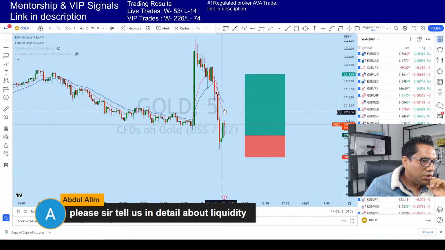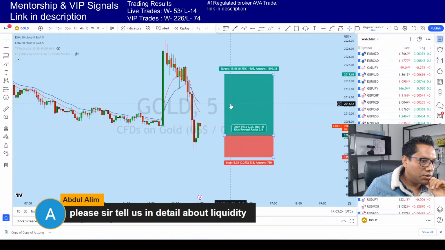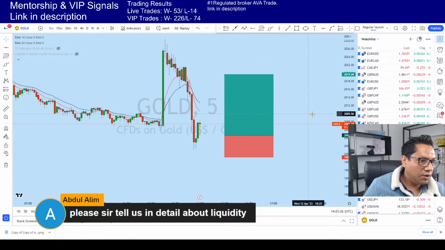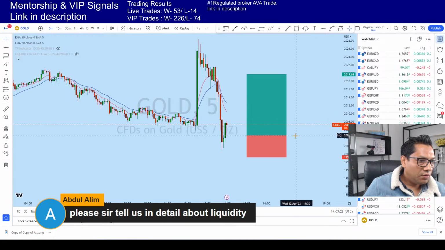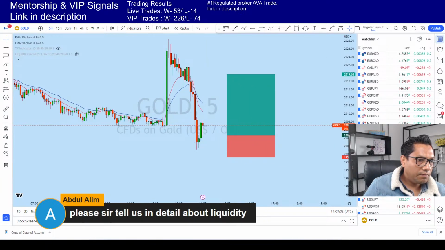Okay, if we see the price going up along the zone around 2012 or something like that, we will straight take the profit or close 50% and keep the rest running.